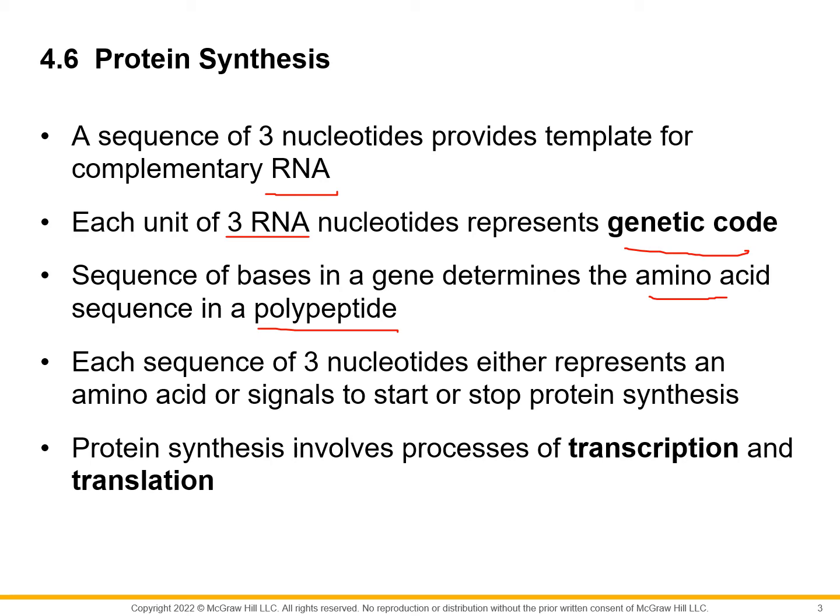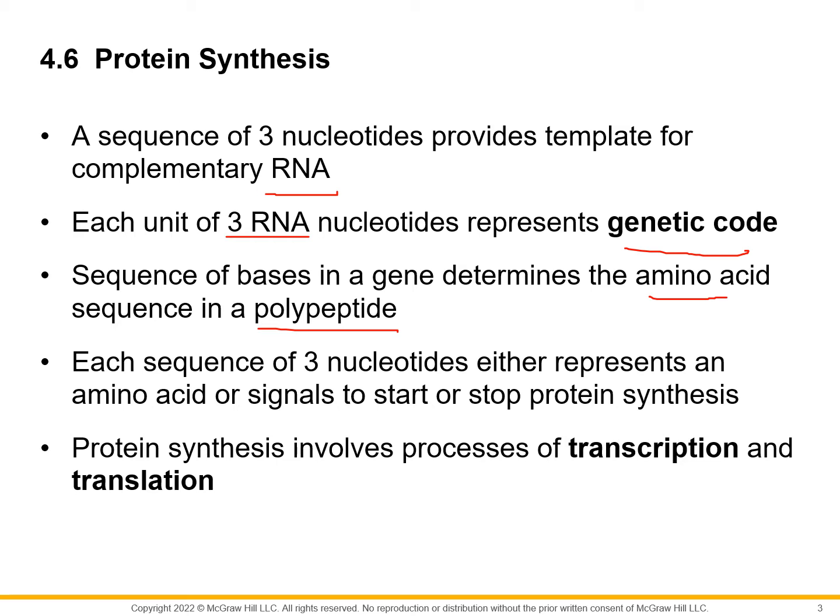And remember, going back to chapter 2, when we're talking about proteins, the bond between the 2 amino acids is called a peptide bond. So a polypeptide is just multiple peptide bonds, and that is before the end product, which ends up being a protein.